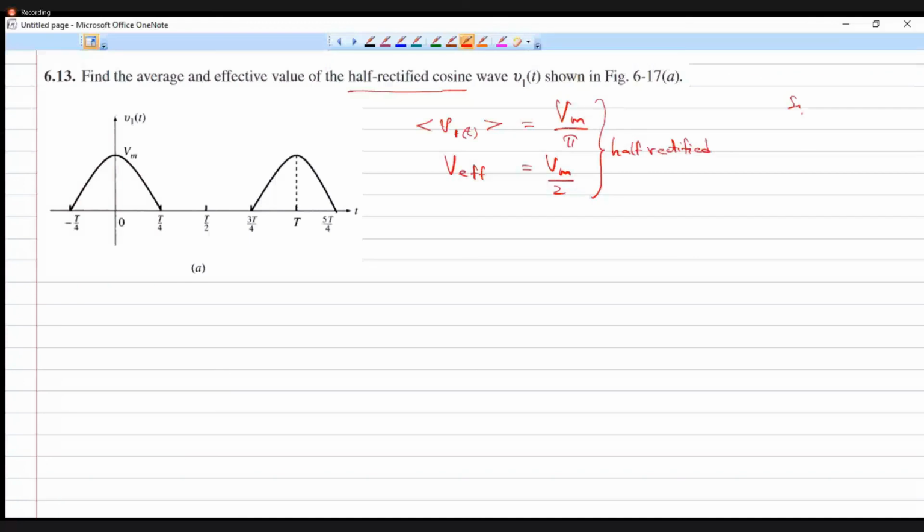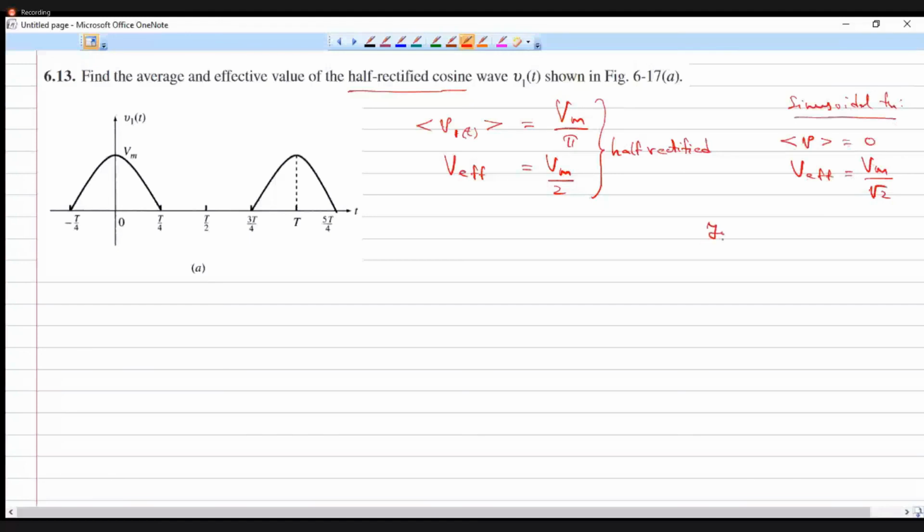And for a sinusoidal function, that is sine omega t or cos omega t, the average value will be equal to 0, and the effective value will be equal to the peak value by root 2, Vm by root 2.